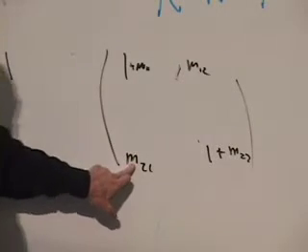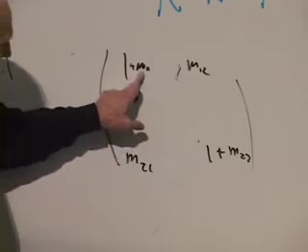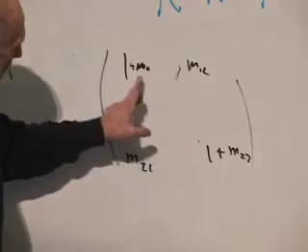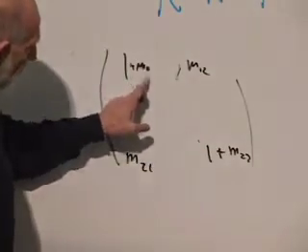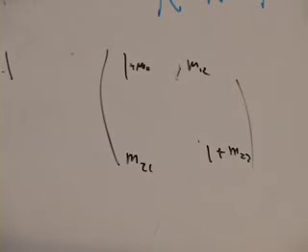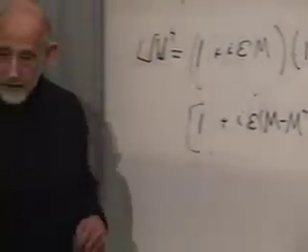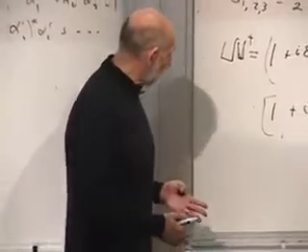This times this is quadratic in small numbers. It doesn't matter. M11 times M22 is quadratic in small numbers, but there is a piece here which is 1 times M22 plus M11 times 1. What is that? That's M11 plus M22. Trace, the trace of M. So the determinant of 1 plus a small matrix is basically just the trace of the small matrix.